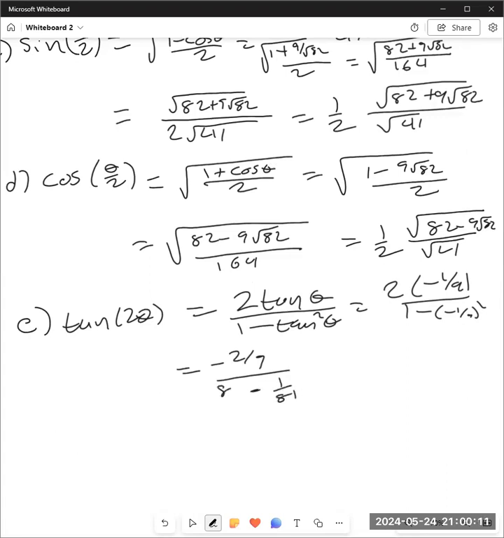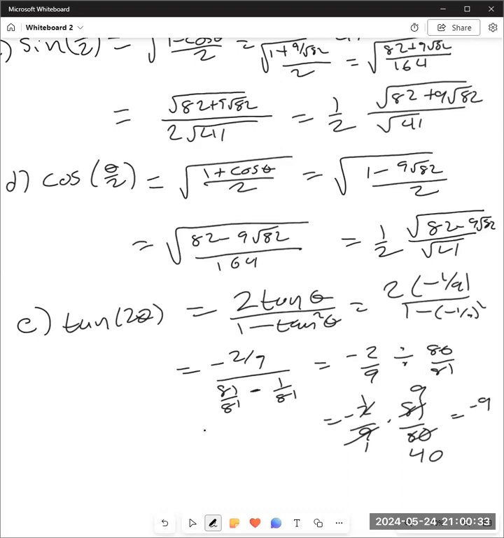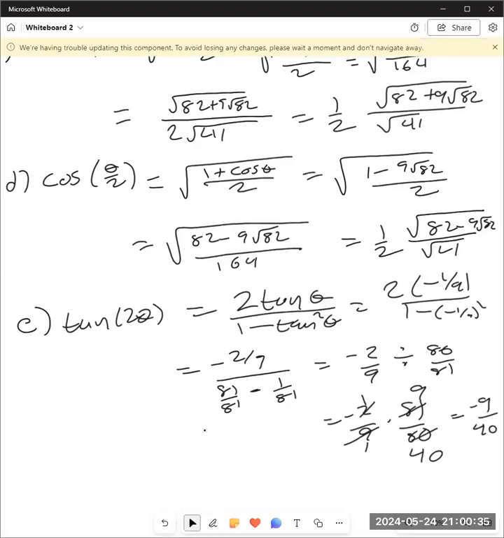I'm going to make this 81 over 81. It's negative 2/9 divided by 80 over 81, which is negative 2/9 times 81 over 80. 9 goes into 81 9 times. 2 goes into 80 4 times, giving negative 9 over 40.